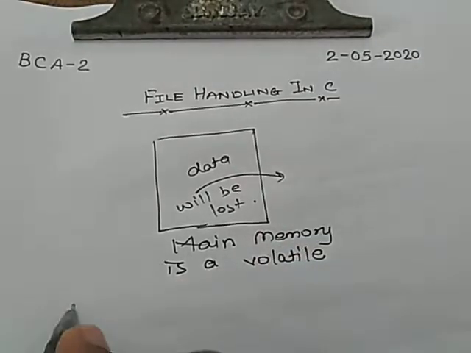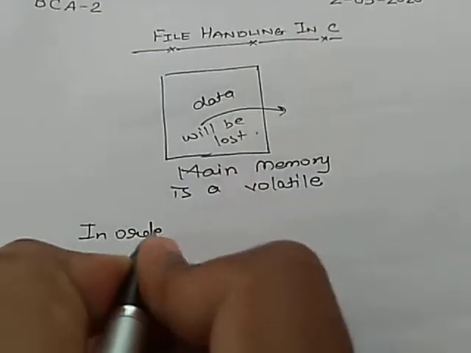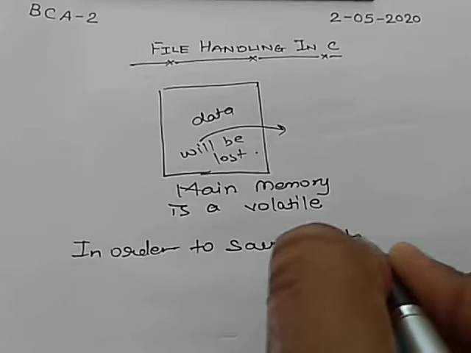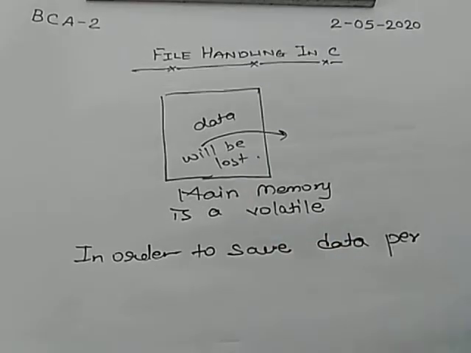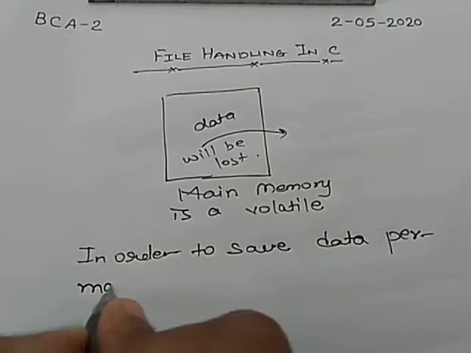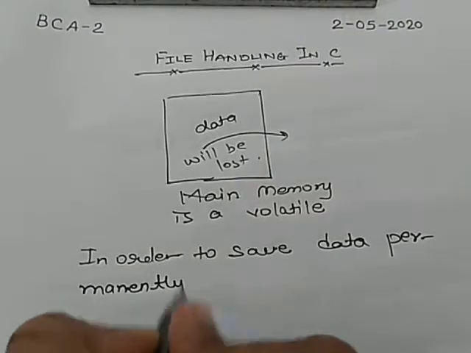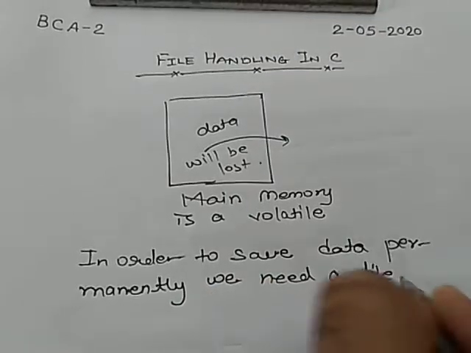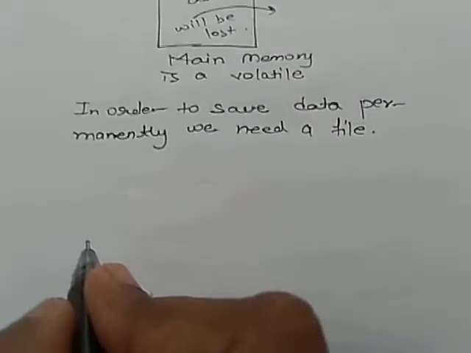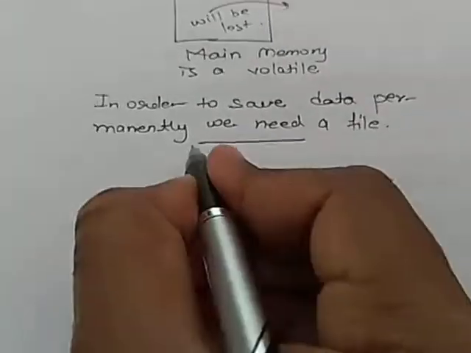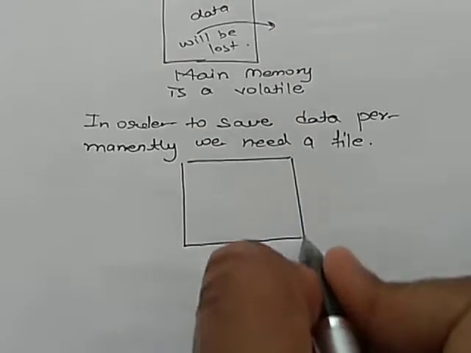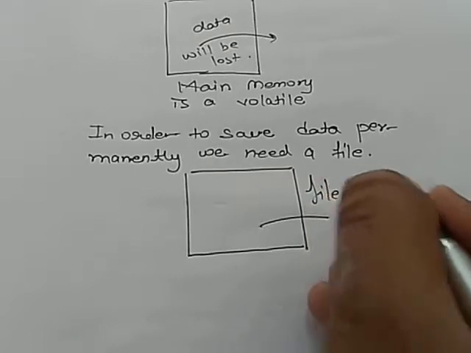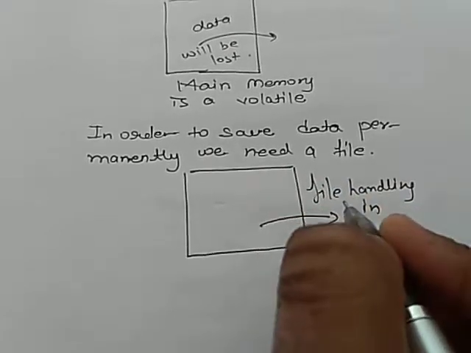So, in order to save data permanently, we need a file. This is the need of file handling in C language.